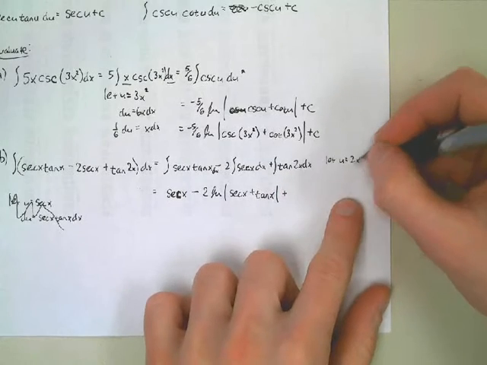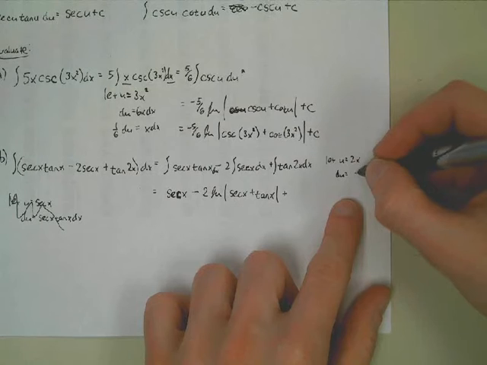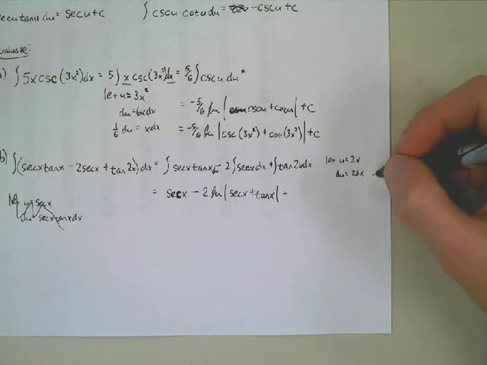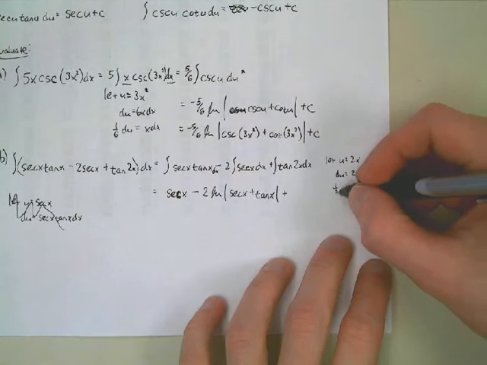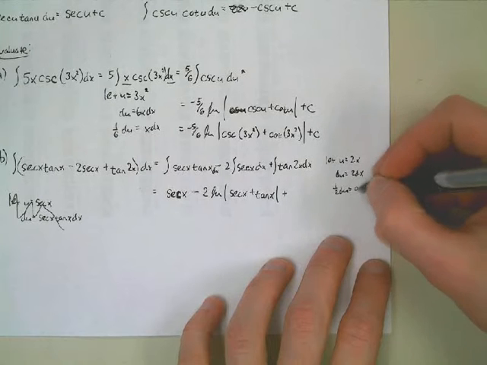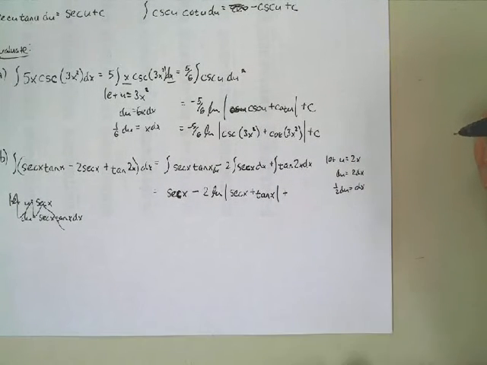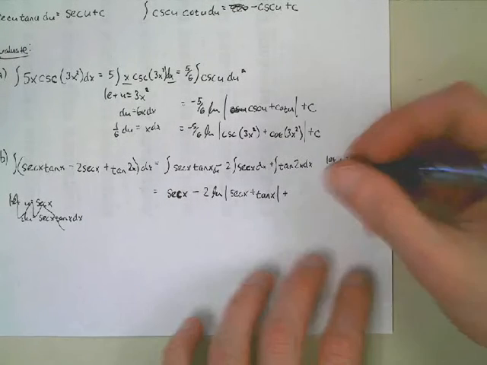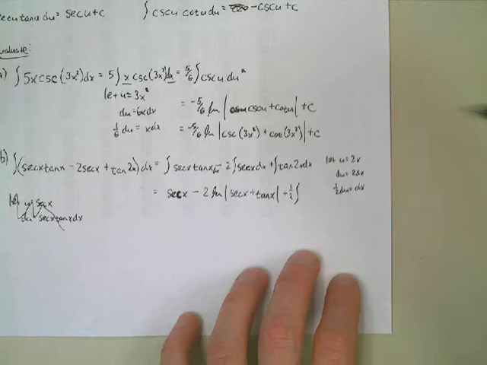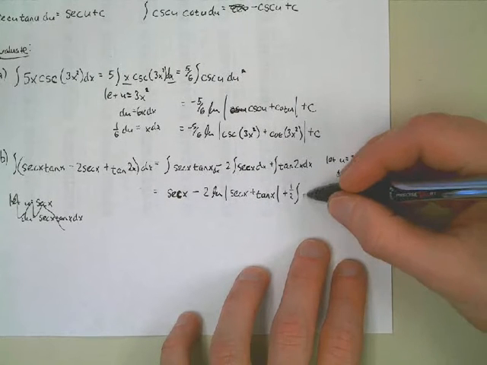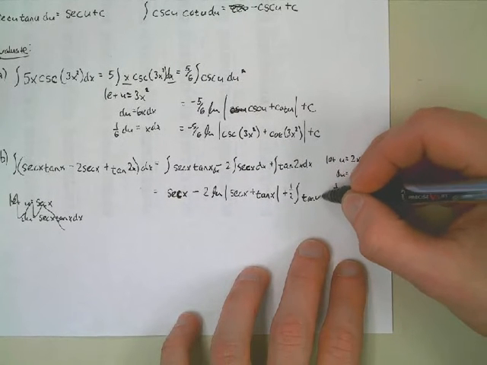So du equals 2 dx, and then 1/2 du equals dx. So we end up with 1/2 the integral of tangent of u du.